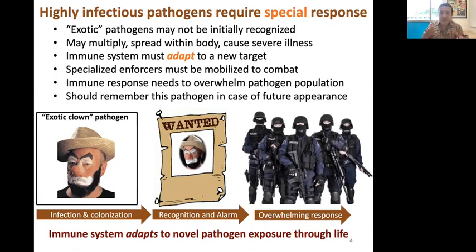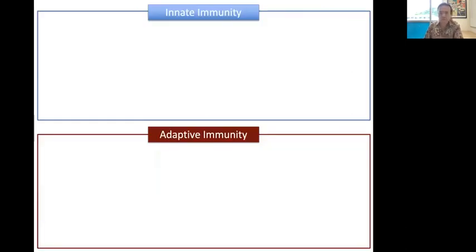You are constantly building up from birth a whole library of these wanted posters that are filed away in your immune system, right, to protect you against the reappearance of these particular pathogens that you at first did not come equipped to recognize and handle. So let's compare and contrast then the innate side versus the adaptive side. So when I use the term innate, innate means something that's already there, right?